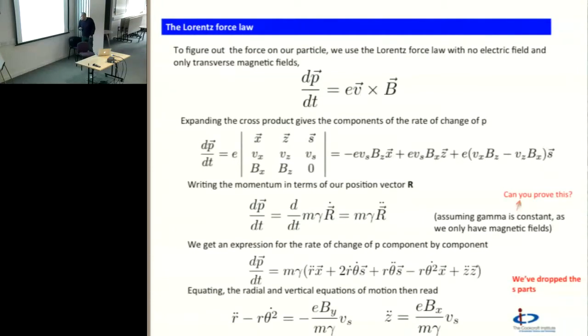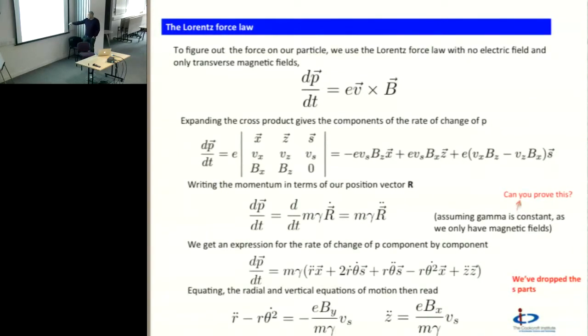So now we have an expression for dP by dt, which is equal to m gamma r double dot, which equals this lot. So we can equate this to this and look at it component by component, dropping the longitudinal bit. This is the hard bit over.